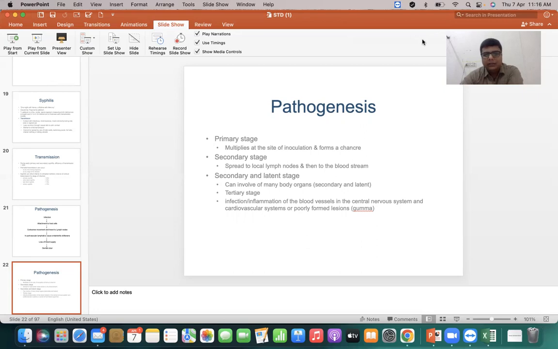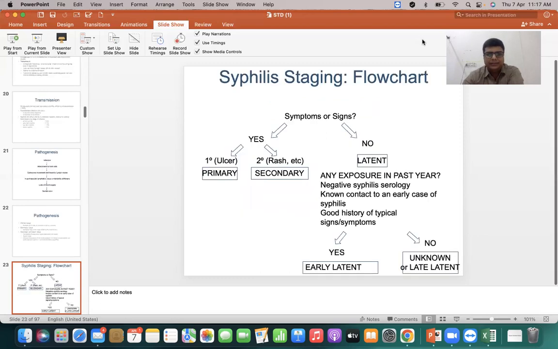There is spread to lymph nodes and then to the bloodstream. Through the bloodstream, there is a secondary and latent stage, which involves many body organs. Then there will be the tertiary stage, where there is infection and inflammation of blood vessels in the central nervous system and cardiovascular system, with granulomatous lesions which are called gummas.